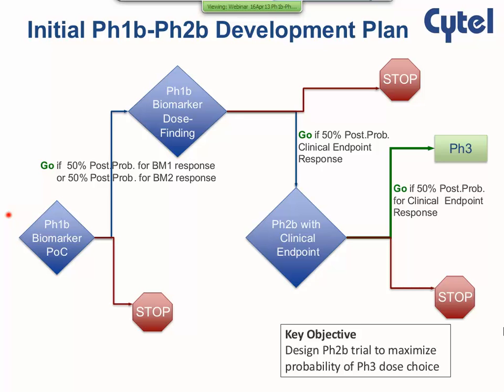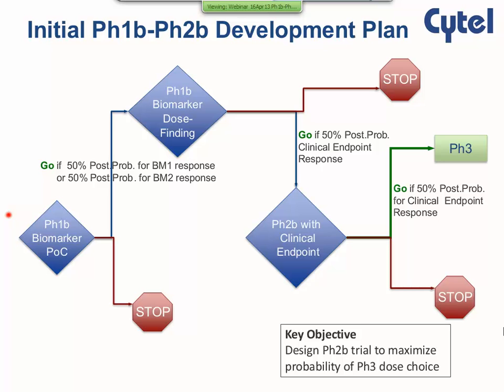And then if there's a go decision, they'd go to the biomarker dose-finding trial, and they would add some doses and get biomarker information. And then there was the same go, no-go criteria.